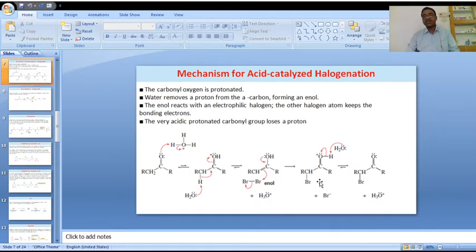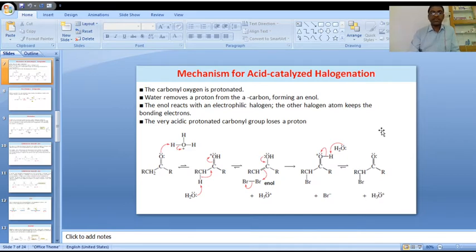Finally, we are getting here the alpha substituted but protonated compound. This proton is abstracted by water, and it turns into a hydronium ion. When we use hydronium ion at the start of the reaction, that hydronium ion is removed in the last step. Here we are getting the alpha substituted product in the acid catalyzed halogenation process.